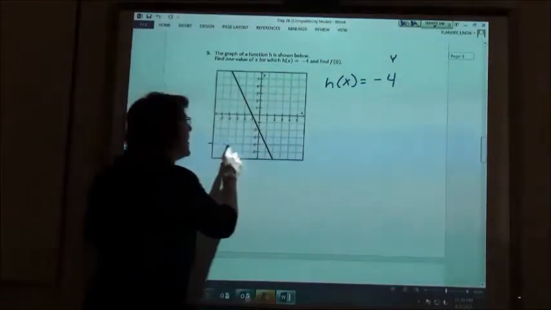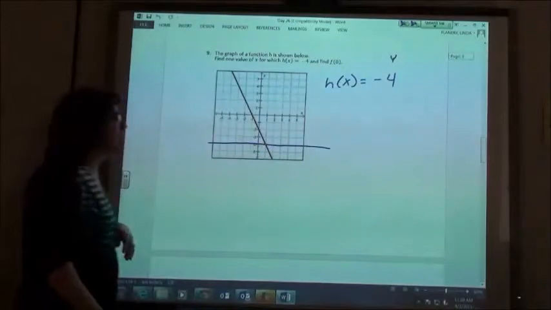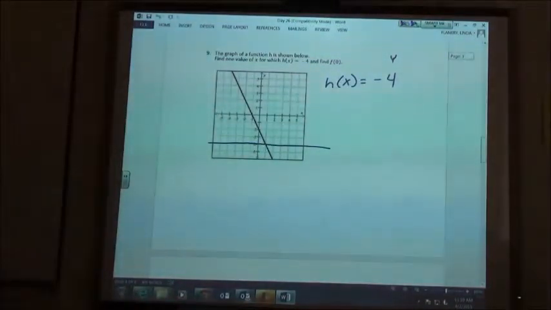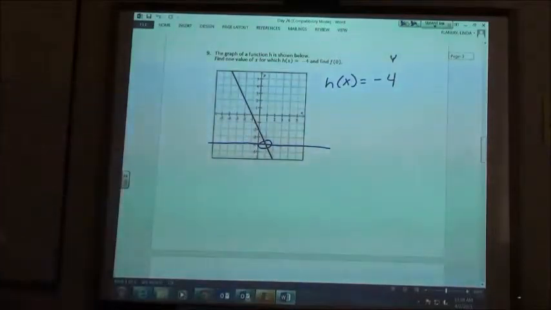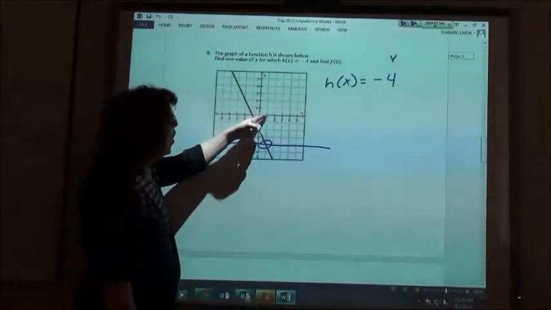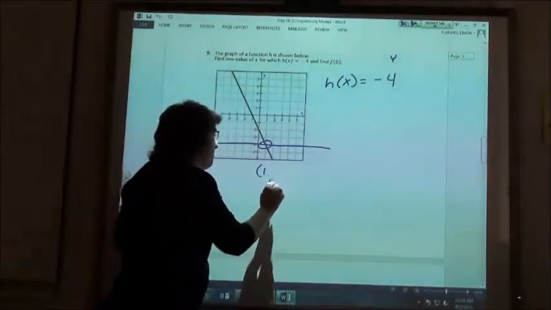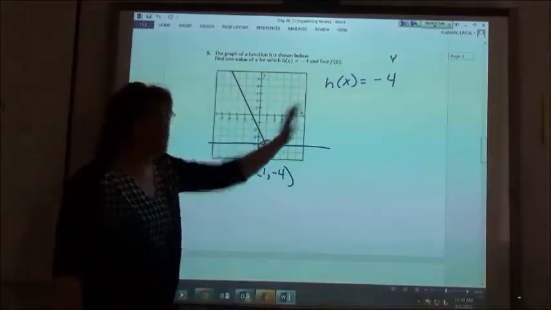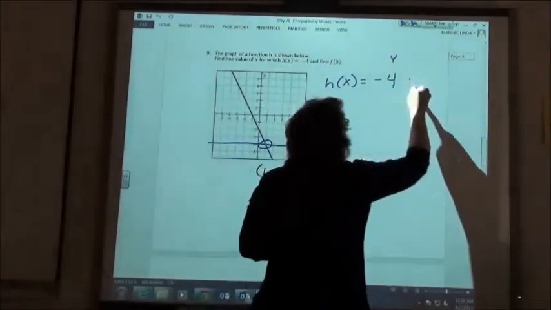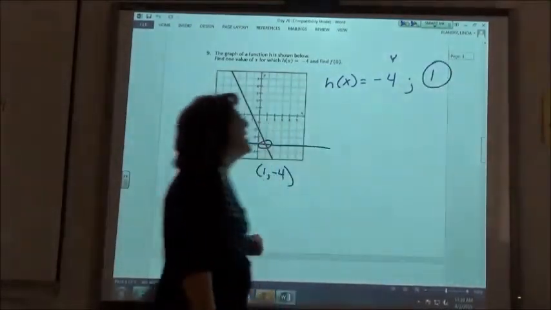If y equals negative 4, that would be this line right down here. Horizontal line through negative 4. The only point that touches that line is this point right here. If I find the coordinates of that point, I would go (1, negative 4). So the x value that corresponds to a y value of negative 4, in this case, is going to be 1.